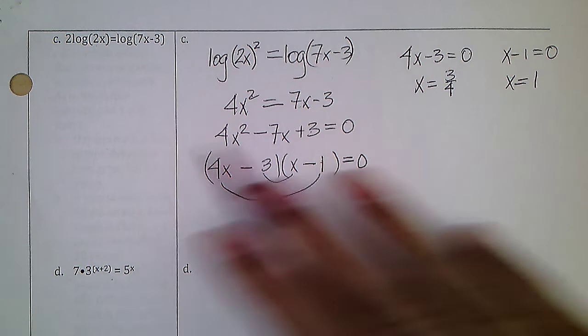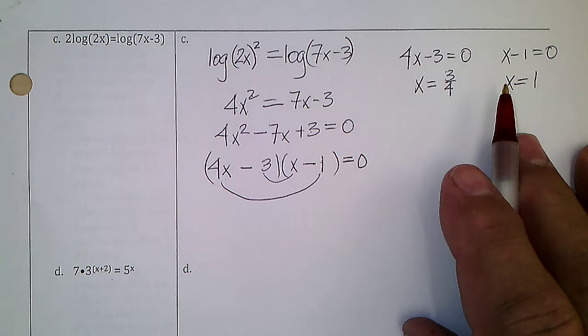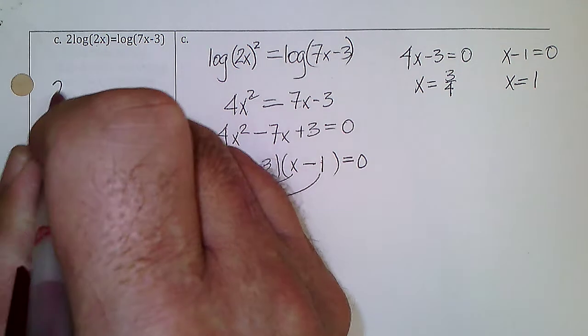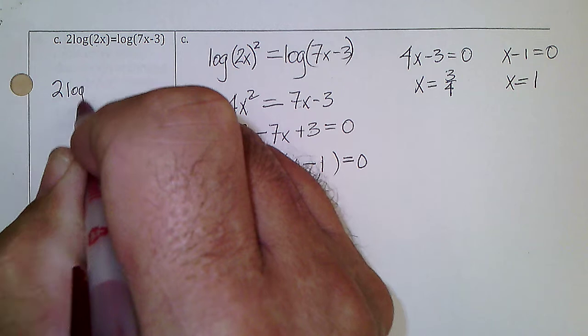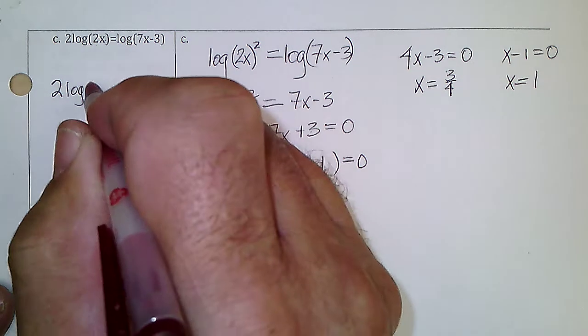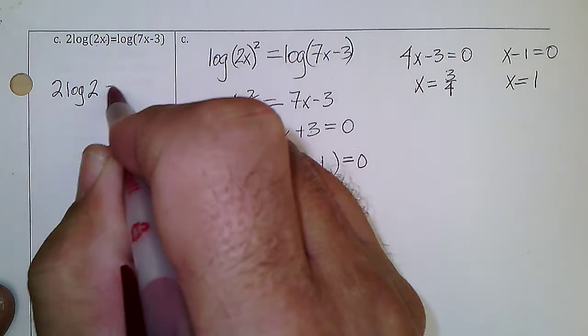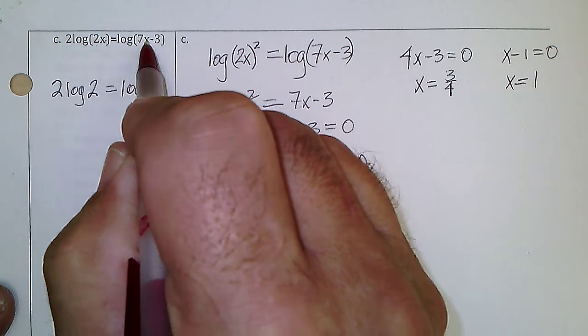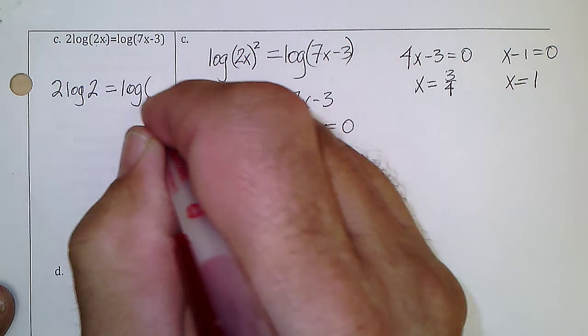Now, when you're doing logs, you always need to check your answers. So I'm going to check my answers here. Let's start with the easy one, 1. So I'll go over here and say I have 2 log, 2 times 1 is 2, equals log, 7 times 1 is 7, minus 3.